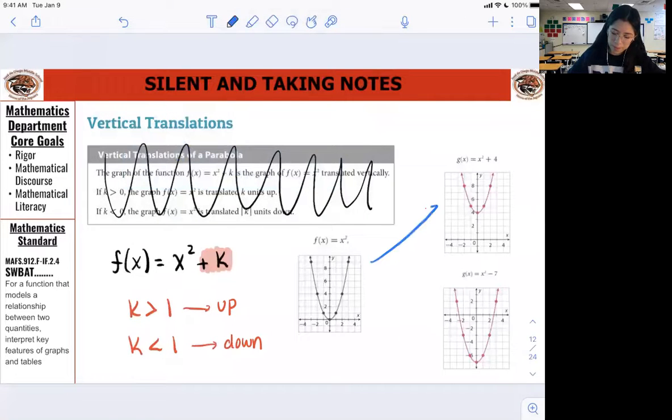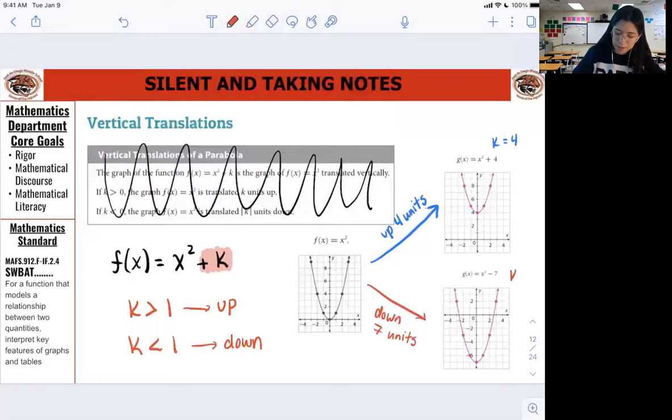So like we said here, this is a vertical translation. Actually, I'm just going to write it this way. This is going to go up 4 units because k equals 4. Now, on the other hand, we're going to go down 7 units because k is -7.